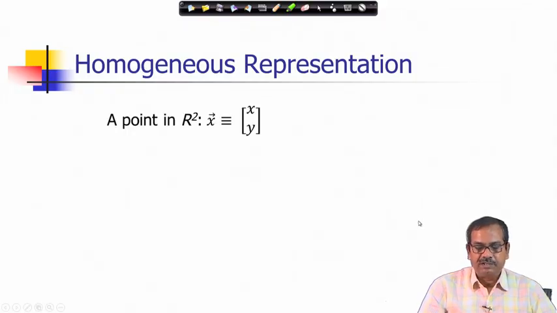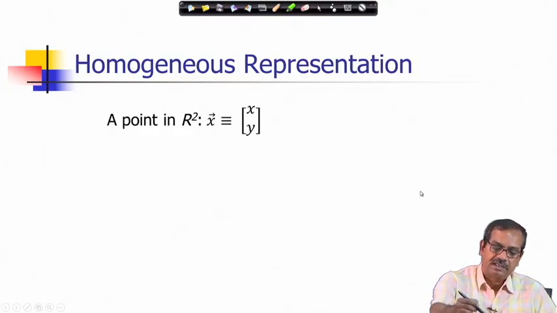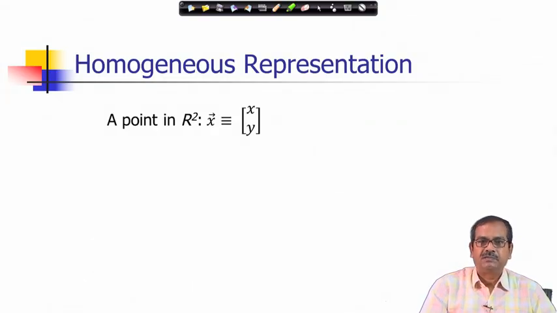Let us consider a point in R square, which is the real space, the ordinary space which we are used to in our geometry. Let us consider a point x. I am using this vector notation to denote that it's a tuple, in this case a 2-tuple of coordinates. So it's a vector also. You can represent this as a column vector of coordinates, and this is the representation I will follow throughout this lecture.